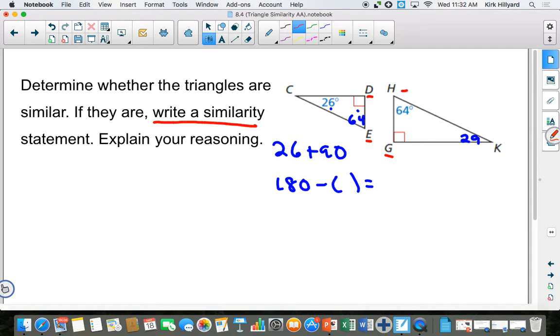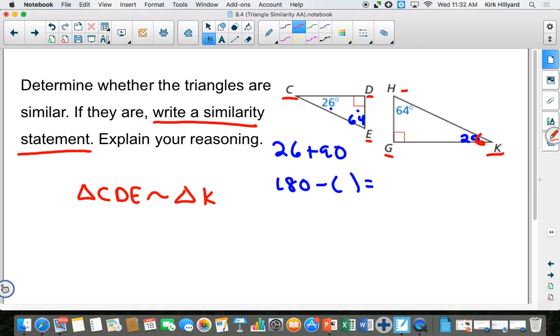They want you to write a similarity statement. So they want you to write out triangle ABC is similar to triangle whatever. In this case, I'm going in alphabetical order, so triangle CDE is similar to triangle, and I have to compare these up. Now, angle C is to angle K. That's not 29, that's 26, sorry.